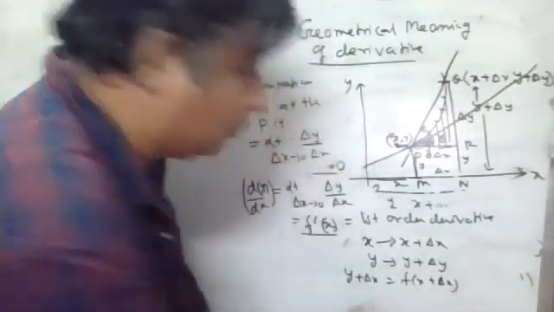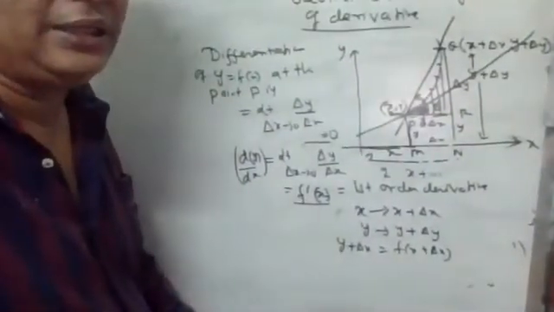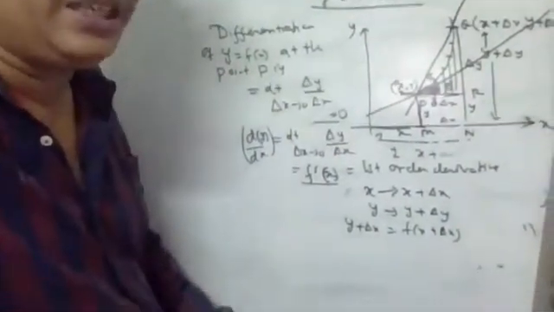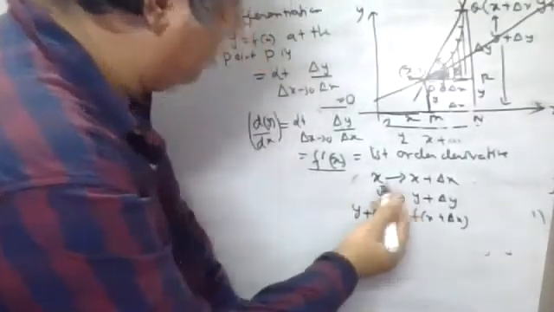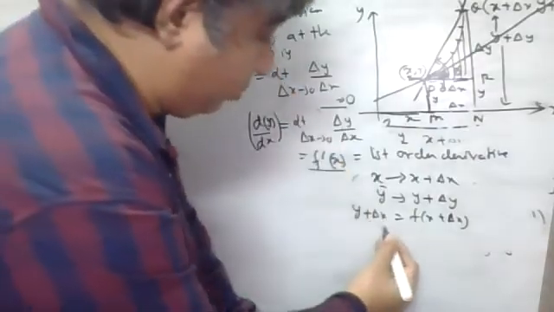So what change in y is done? Old y, that is y is equal to fx, has to be subtracted from the new one.